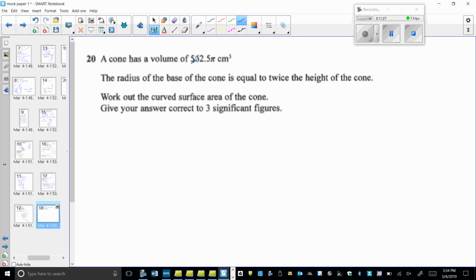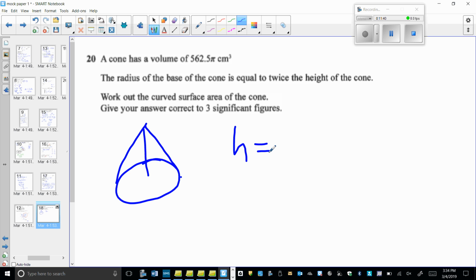Right, a cone has volume, and so on, radius is twice the height of the cone. Okay, so here's your cone. The radius of the base is twice the height. So if I've got my height, then radius is twice the height. So either the height is half the radius, or radius is 2 lots of the height.